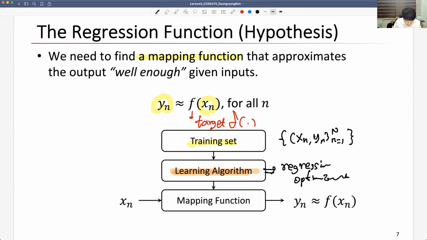By finding the learnable parameters in our mapping function, we can find our target mapping function. Then for the input variable xn, we can generate the output of this mapping function as f of xn. Then we need to find the mapping function that approximates this output to the real ground truth yn given the input variable xn. So this is the mapping function of the regression problem.